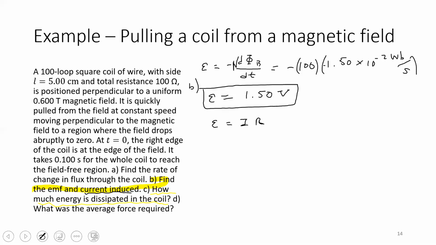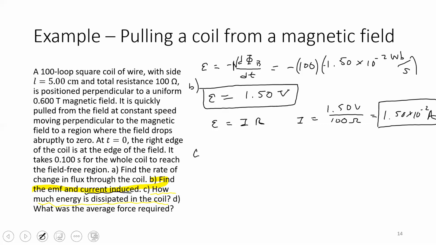And we're going to rearrange that to get that my current induced is that 1.5 volts divided by this 100 ohm resistance that we're given, right? So we're going to use Ohm's law for that part. So our current induced is going to be 1.50 times 10 to the minus 2 amps. Okay, now I'm done with part B.